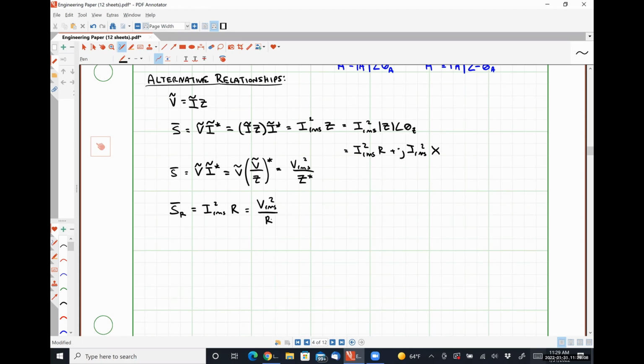For a purely inductive load, we're going to have J omega L, the impedance of our inductor, times I RMS squared.